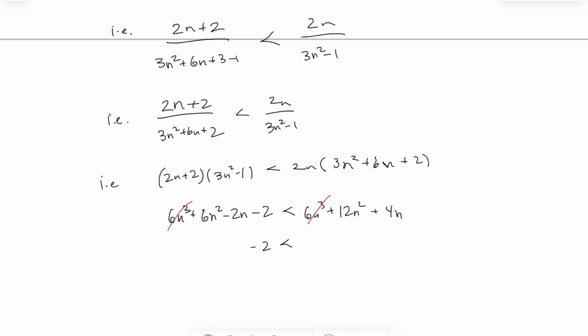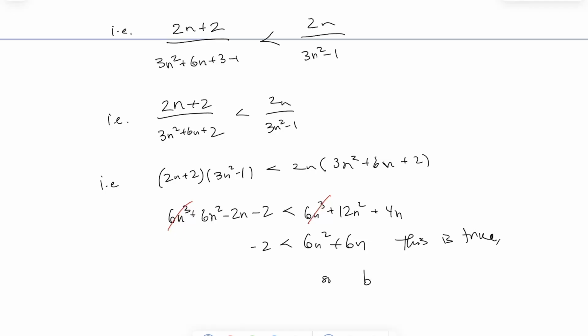I believe it's like this. That's what I get when I move them all over to the other side. I saw several variations on this. I think it's easy to mess up the details in here, but anyway, I say this is obviously true because the thing on the left is negative and the thing on the right is always positive when I'm using positive whole number values for n. So this is true.